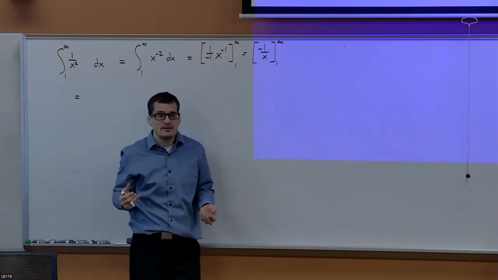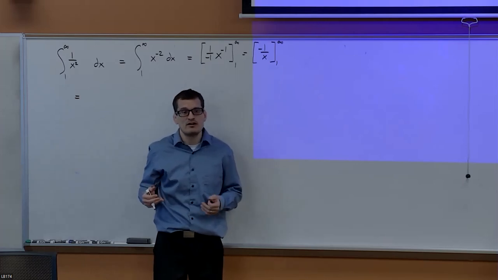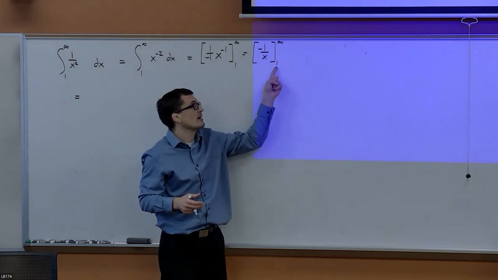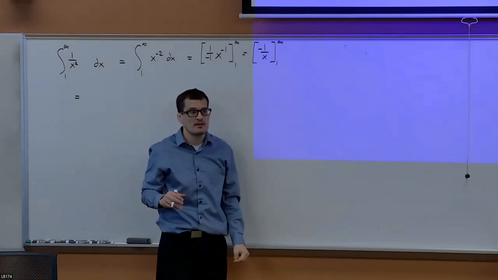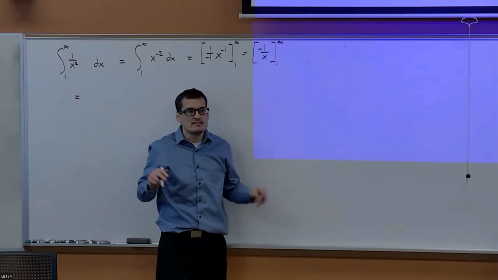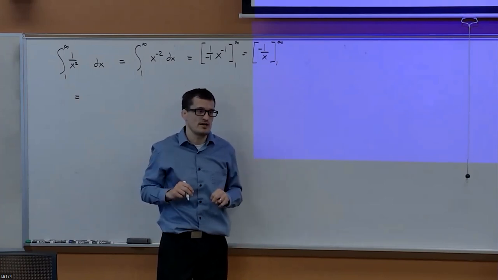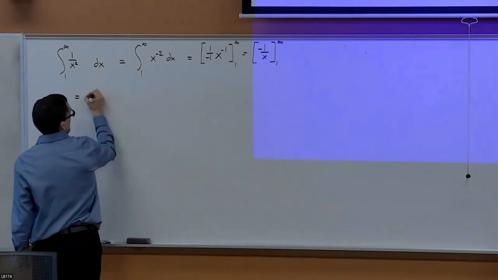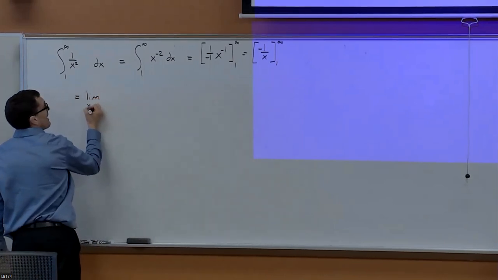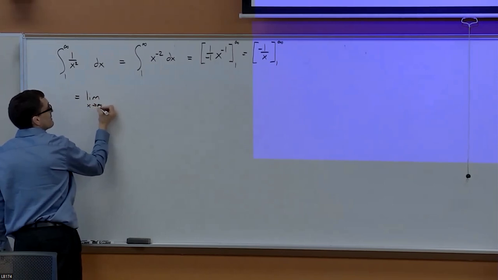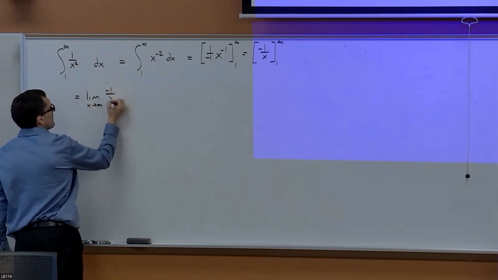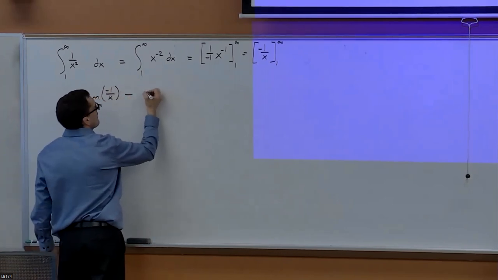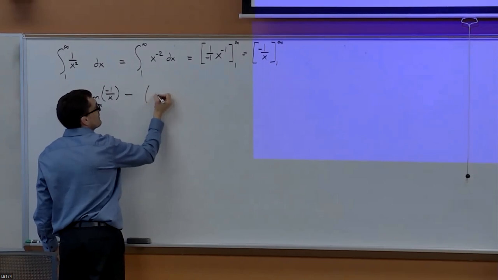Now, normally, using the fundamental theorem of calculus, I would just plug in the infinity, the top number, plug in the 1 and subtract. Well, you can't technically plug in infinity, right? So instead we take the limit as x goes to infinity of -1 over x, minus, now we can plug in the number 1.